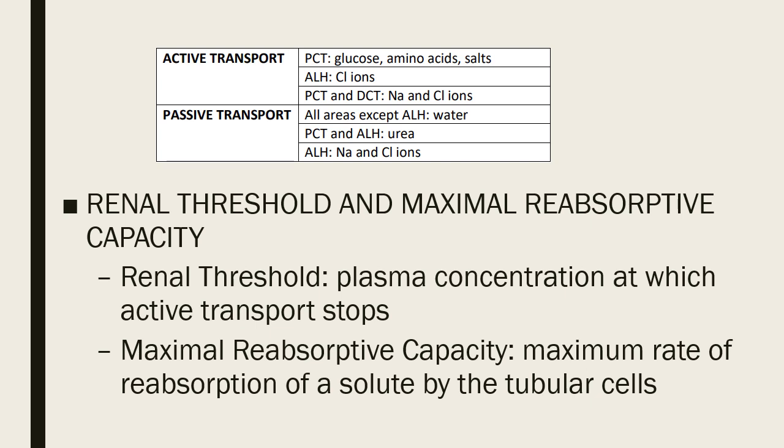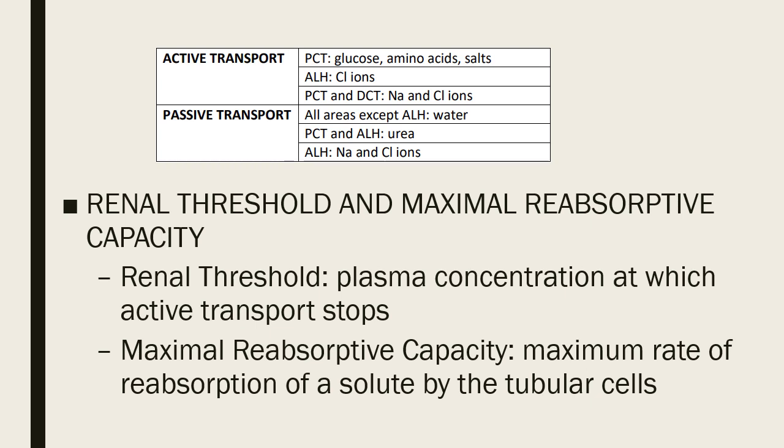But when there is excess glucose, let's say you exceeded the upper limit of normal and reach 190 milligrams per dL, your maximal reabsorptive capacity for glucose is exceeded. So what will happen to the excess? It will stay in the filtrate and will not return to the circulation.